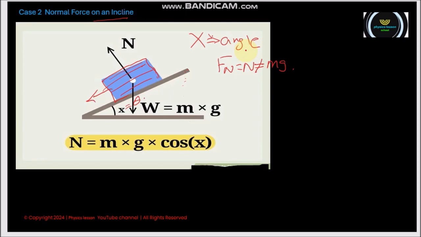So if you decompose perpendicularly, the normal force cannot be calculated by using mg.